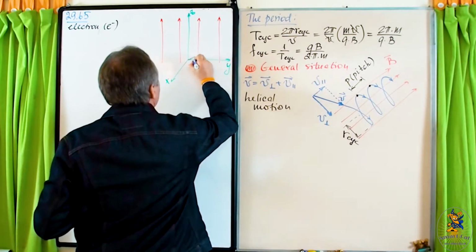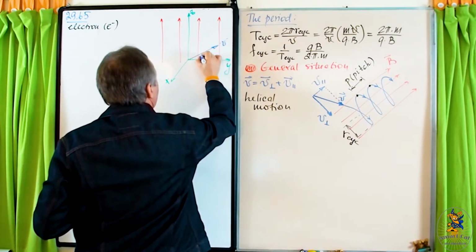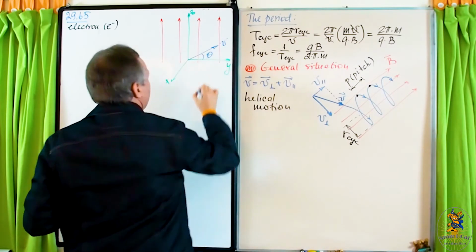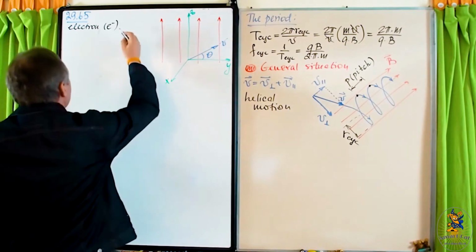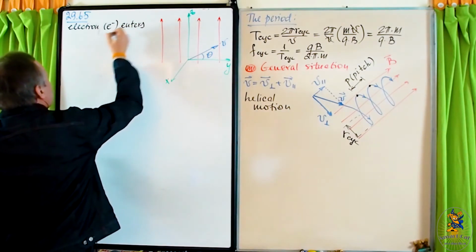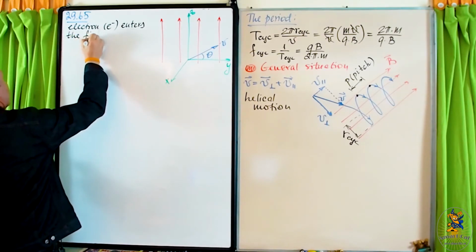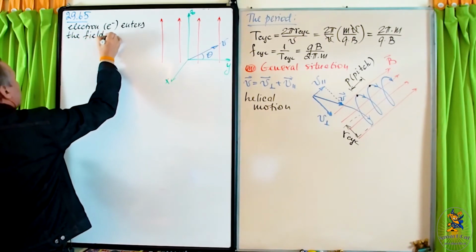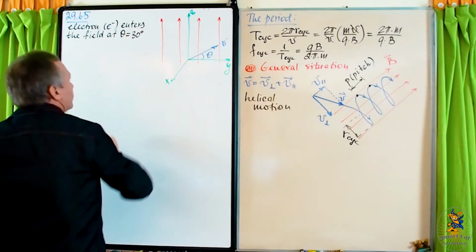So this is the velocity of that electron, and this angle theta is 30 degrees. Right. So the electron enters our magnetic field at theta equals 30 degrees.